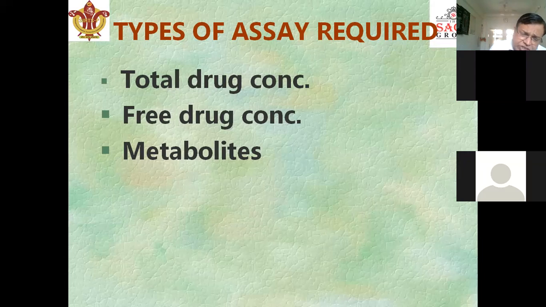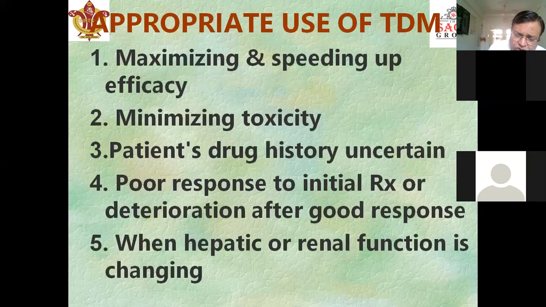And we are checking whether that concentration is up to the minimum effective concentration, or reaches the toxic level, or is not reaching the minimum effective concentration level. All these things we are measuring by these assay methods, and we fix the dose of that particular patient or revise the dose of that particular patient.